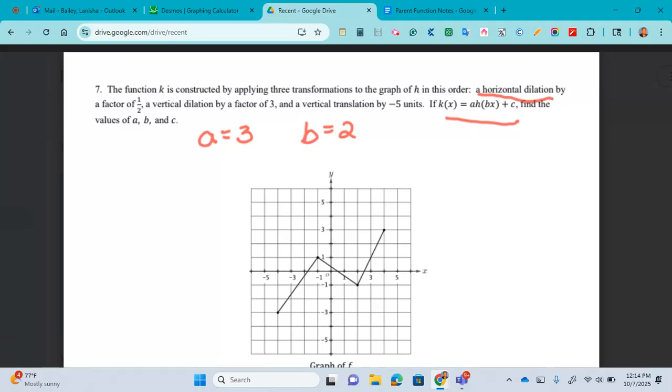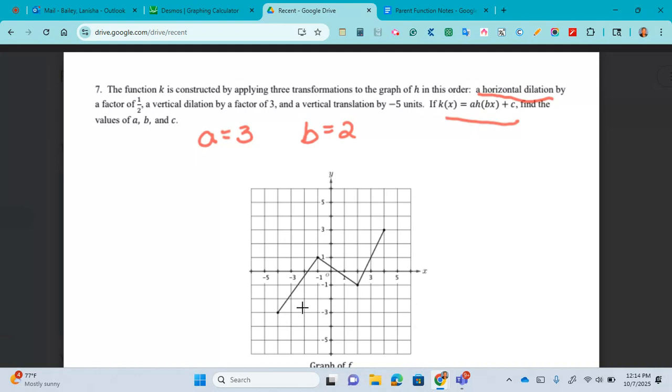But it's by the factor that tells us if it's going to get smaller or bigger. If we say a factor that is less than 1, like a fraction, and it's not the x, then we're getting smaller. If we say a factor greater than 1, that is the y, it gets bigger. But the x goes opposite. Everything is opposite with the x's.